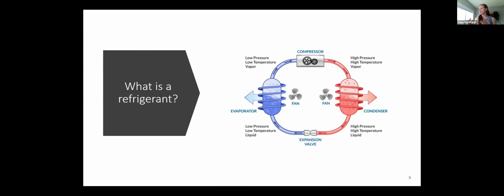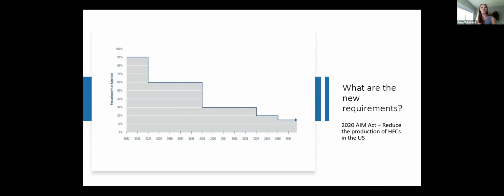So we all know that refrigerants contribute to global warming. The Montreal Protocol was signed back in the 80s. What that protocol required was that governments reduce the global warming potential of the refrigerants that are in use. In 2020, the AIM Act was enacted into law, and this act requires the EPA to reduce the production of HFCs in the US.